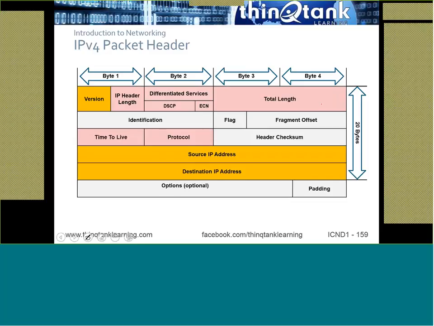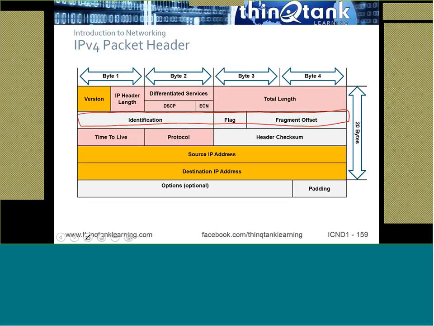Now the next 3 fields here: identification, flag, and fragment offset. Well, the flag field has several meanings, but these fields are used in the event that packet fragmentation has to occur. Remember what fragmentation is?